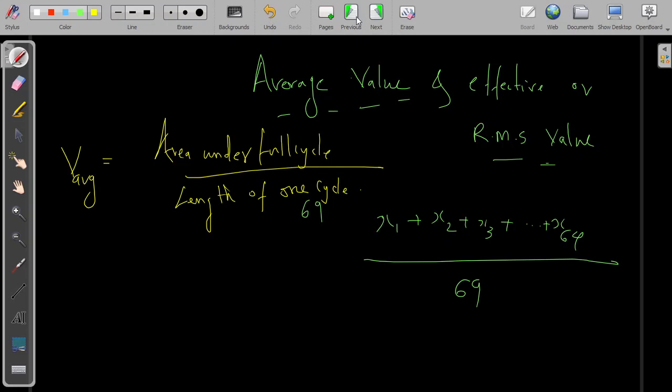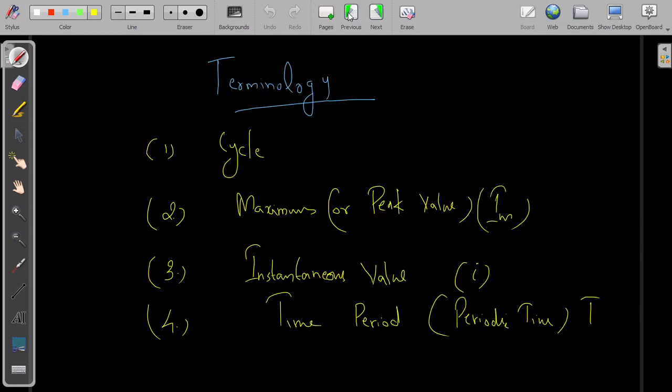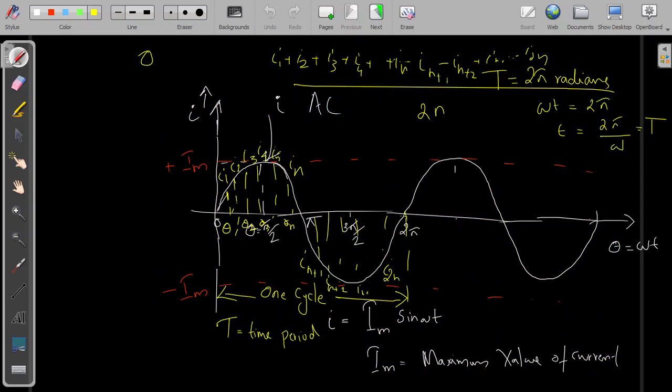That means for the previous example, for one full cycle we have a positive area here and a negative area here.